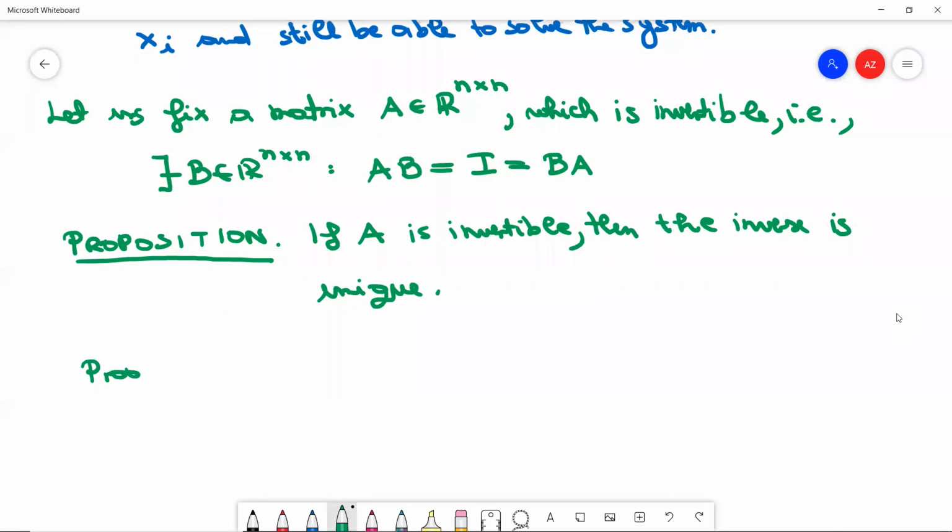Proof. Does anybody have an idea, or does anybody remember? It's a one-line proof. How would we show that the inverse must be unique if it exists?